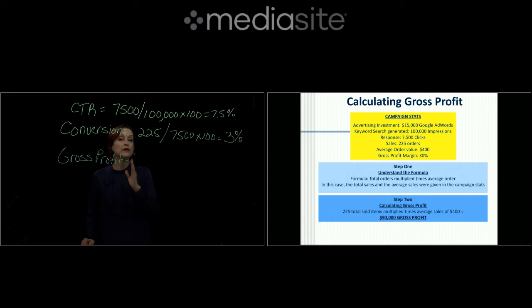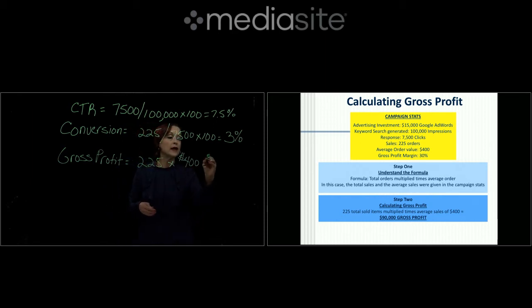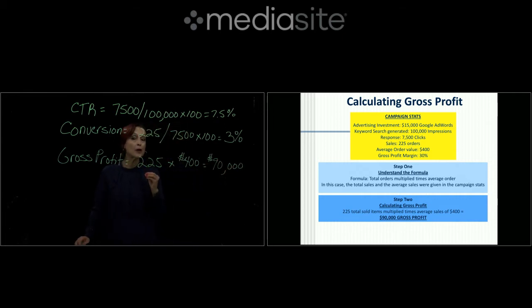So it resulted in 225 orders, and the average order was $400 according to their statistics. So 225 orders at an average of $400 per order. You multiply these, which results in $90,000 gross. So this is the amount of money they made without taking away any operational cost.